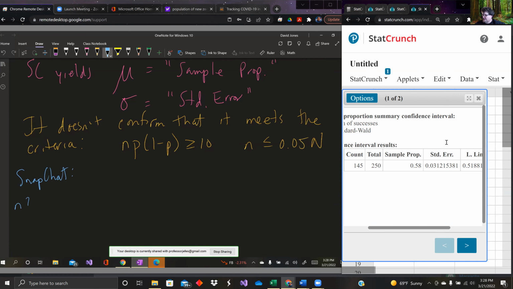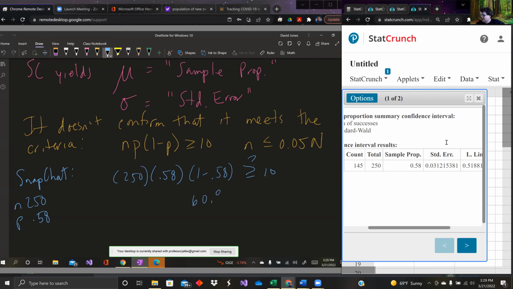N was 250 and P was 0.58. So I've got 250 times 0.58 times 1 minus 0.58. Is that greater than or equal to 10? I made a lot of assumptions that it was, but did I check it? Nope. But it is.